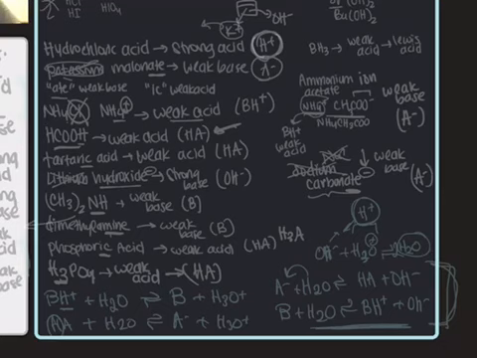Then if we take a charged weak base, water acts as an acid and gives up an H+, and you're left with HA, a weak acid, and an OH-, a strong base. You can do the same thing with B, stick it into water, and you come out with BH+ and OH-. And then for the last one, if we take a strong base and a strong acid together, we're going to be left with neutral water. So it's equations like these.